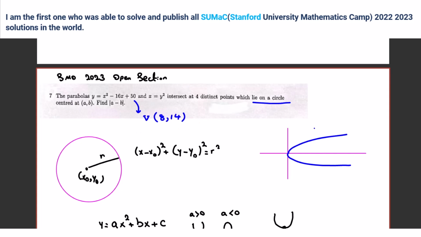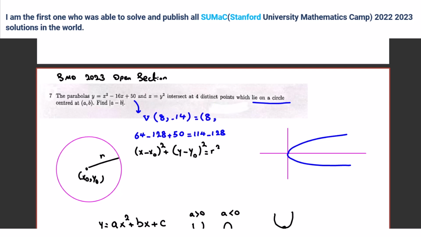I want to draw the graph to understand better, but without drawing also we can solve it. 8 squared is 64 minus 8 times 16 is 128 plus 50, right? Yeah. It's 114 minus 128, right? Yeah. So it's negative 14, right? Negative 14. Yeah. If we use formula, it will be 8, negative b over 2a.